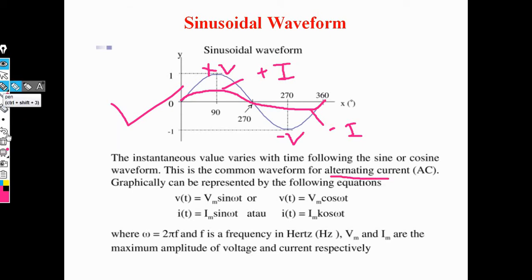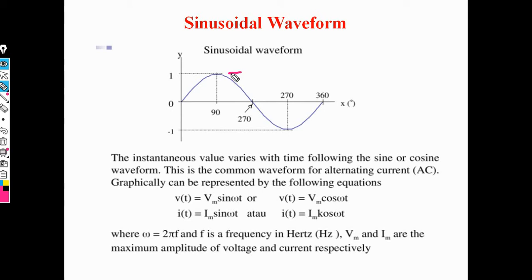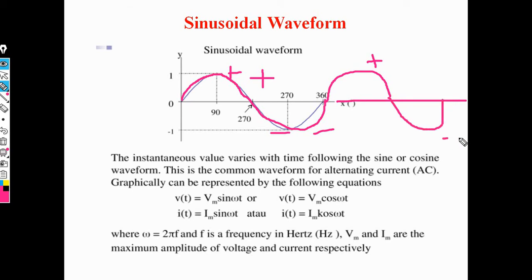Alternating means one time it is positive, then one time it is negative, that means it changes its direction. This is the positive direction, then this is the negative direction. It alternately changes direction, positive, negative, positive, negative, and this is called a sinusoidal positive and negative waveform.